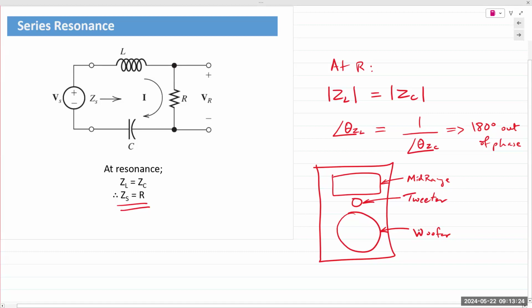And that is reproduced by the woofer, which is the low frequencies, okay? Which is loud thumping noises, explosions that you see in movies, the deep bass that you hear in music. Tweeter is for high frequency reproduction, and mid-range is for vocals.